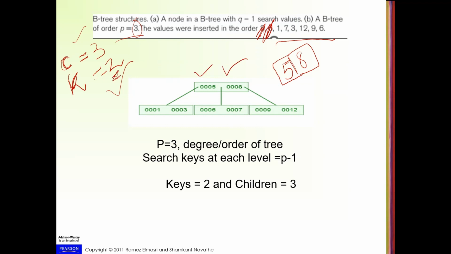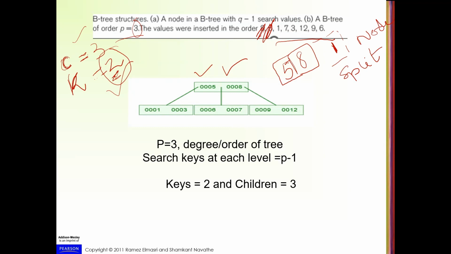Okay, now when we try to insert 1 here, what will happen? Because the node can hold only 2 values, a node split should occur here. So how does the node split?